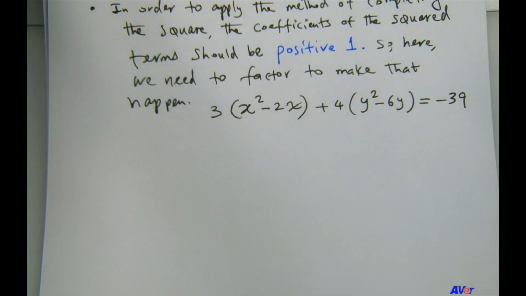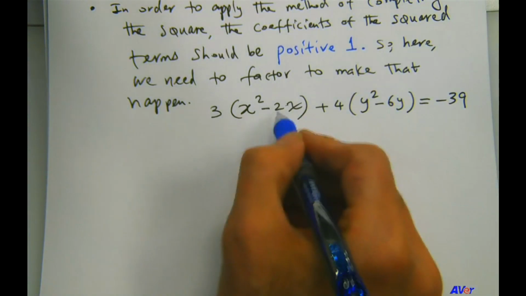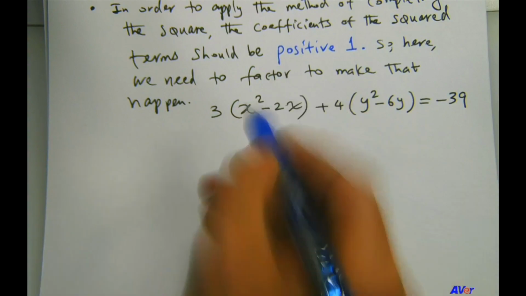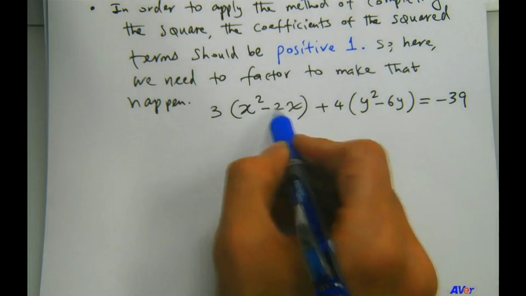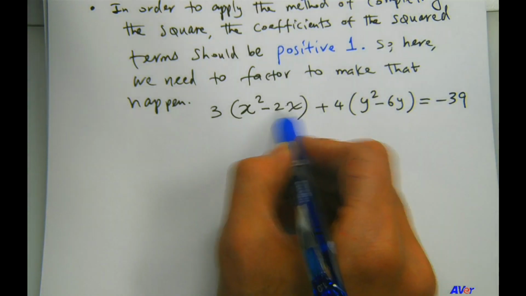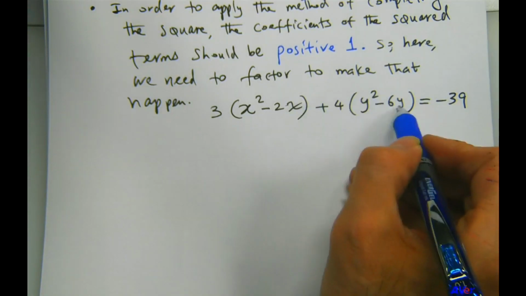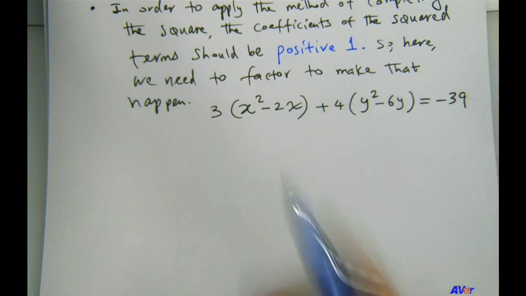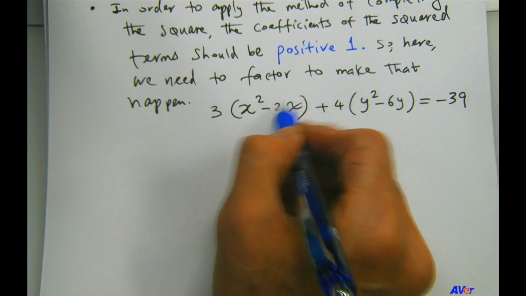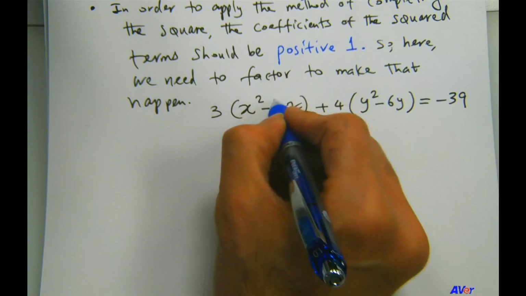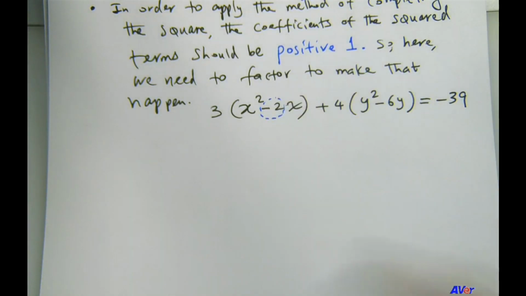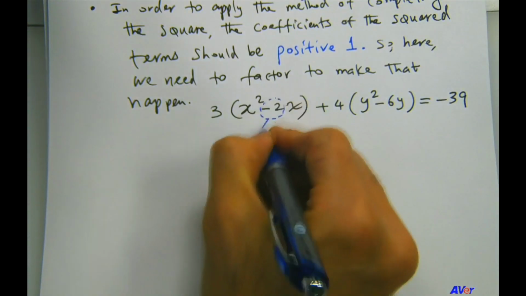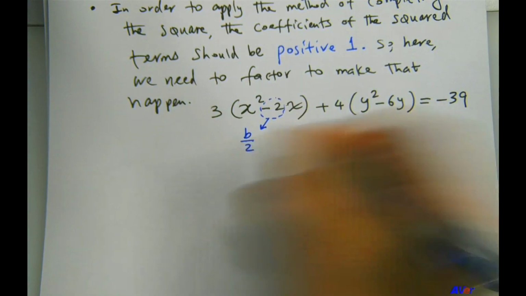My students in Math 126 used to call this b. That's how they prefer to remember it, because a would be the coefficient of the quadratic term, and b would be the coefficient of the x term here and the coefficient of the y term here. So if you prefer to refer to this as b, that would be correct. So whatever this b value is, you always divide it by 2, always. So b divided by 2.